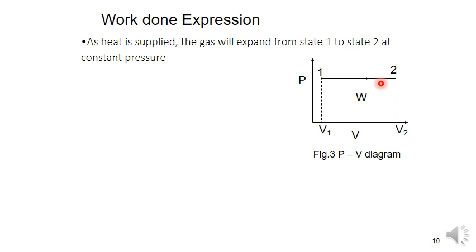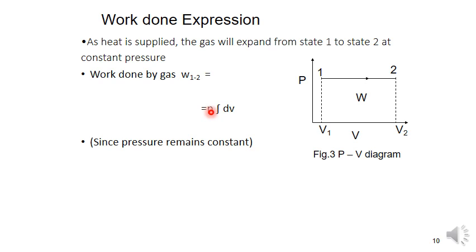In the second case, where the heat is rejected, the work done by the gas W1 to 2 is equal to the integral of PdV. We all know that work done is the integral of PdV, but here we are taking pressure as constant. That's why P is constant, so I am bringing it outside. I am writing P integral dV.